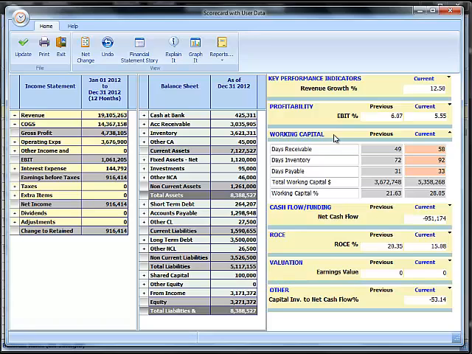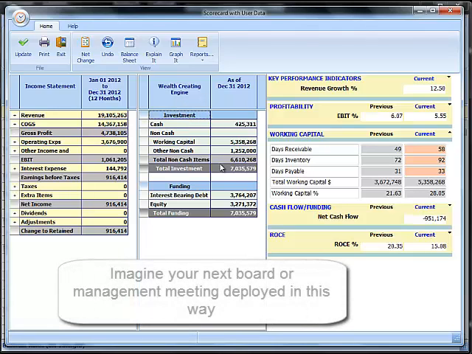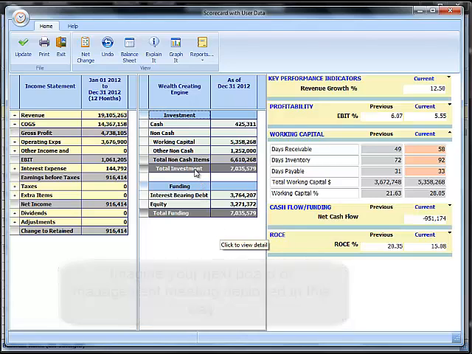But to do so, what I want to do is take us out of the complexity of the everyday balance sheet and convert the balance sheet into our wealth creation engine. And what this allows us to do is to easily identify how we are managing our balance sheet. So this converts the traditional balance sheet into really two key areas: how we fund our business and how we use those funds to invest inside our business.